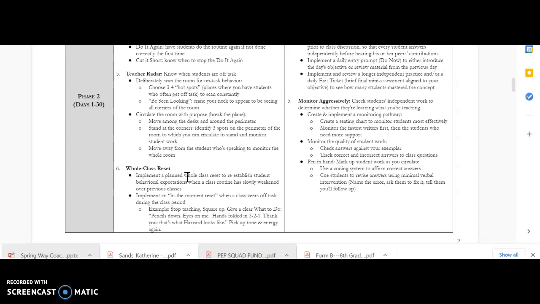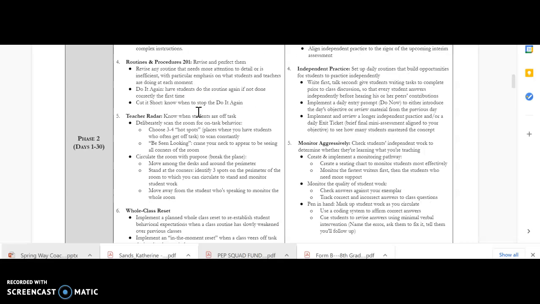So that's a whole class reset. Teacher radar, when you have to know when students are off task. Again, this goes hand in hand with monitoring aggressively. Teacher radar is just you having a moment to scan the classroom and just be aware. Circulate the room with a purpose.